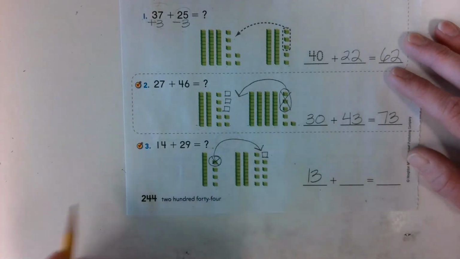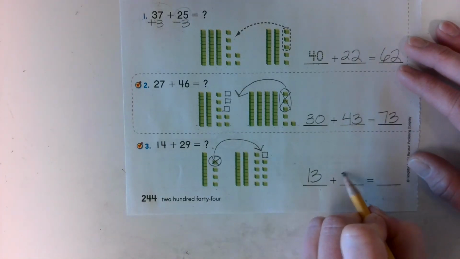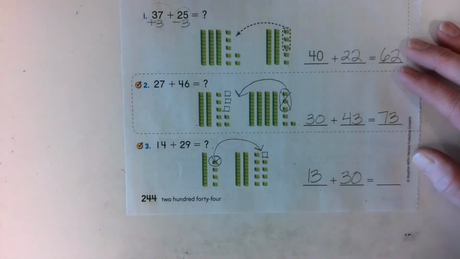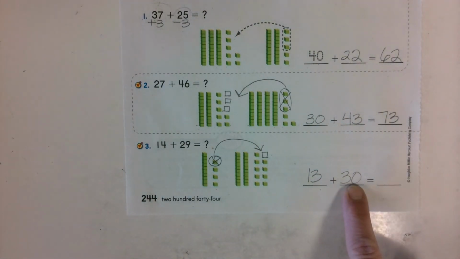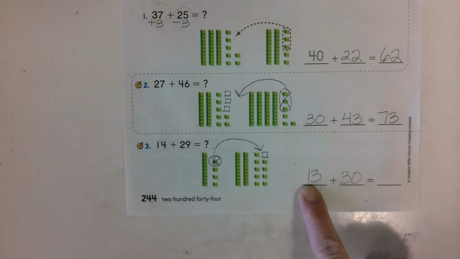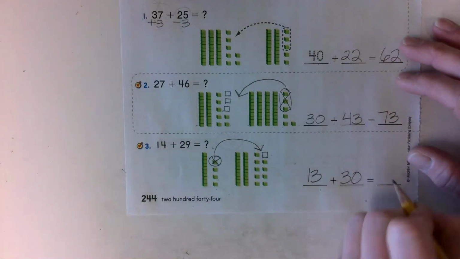Now we have 13 here. And 29 is now what? 30. Well, that's easier to add because I can just go 30 plus 10 is 40 plus 3 is 43.